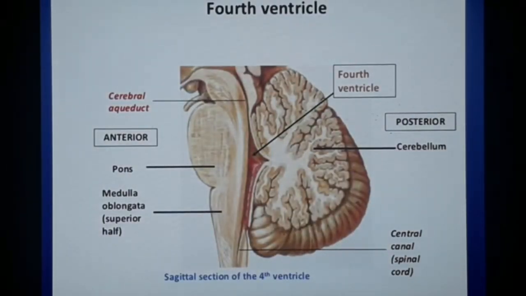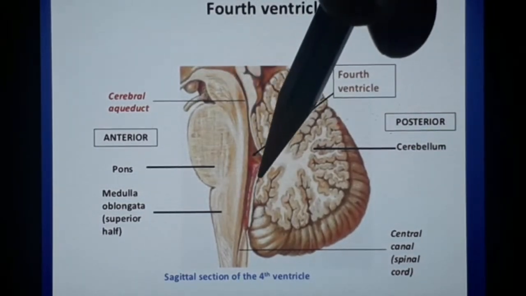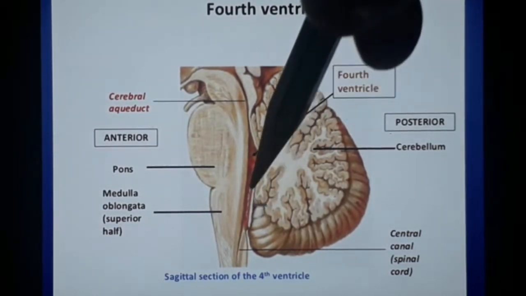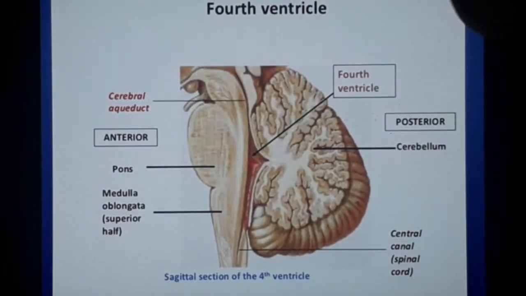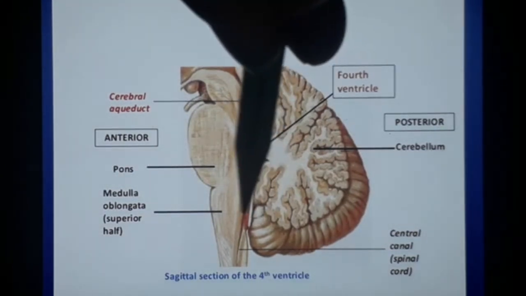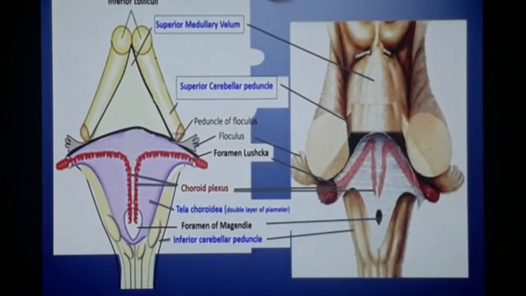So moving on to the roof, this roof contains the double layered pia mater called tela choroidea. Along the tela choroidea, you can see the blood vessels forming a plexus, and this is known as the choroid plexus.